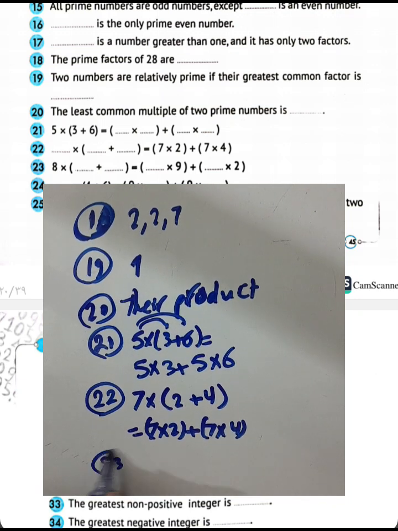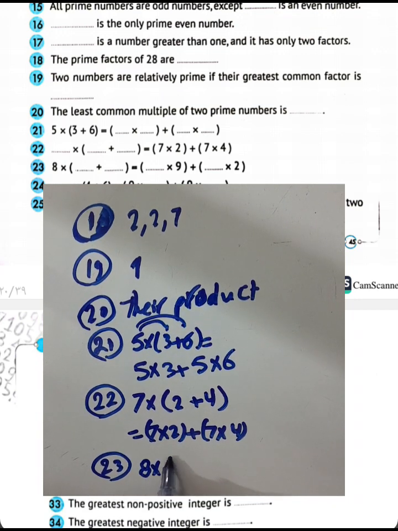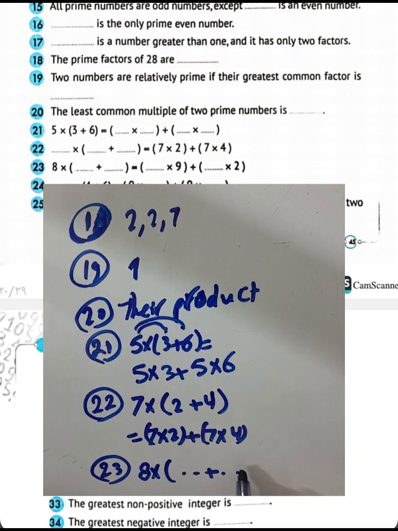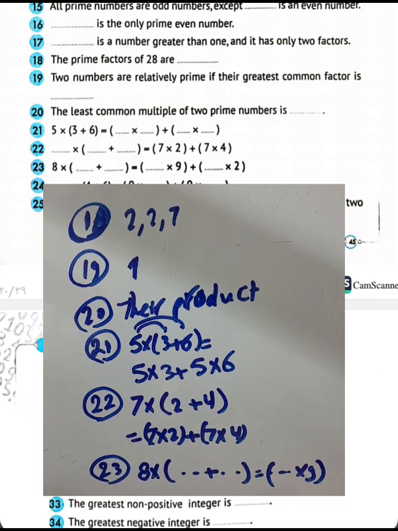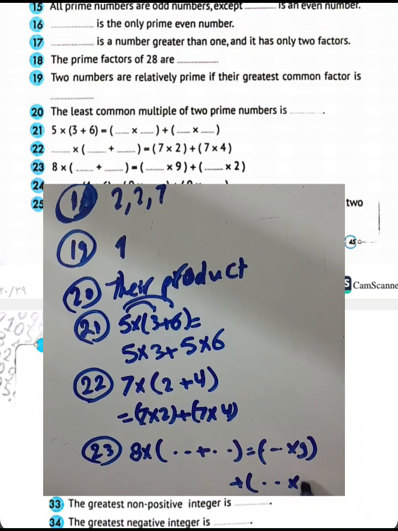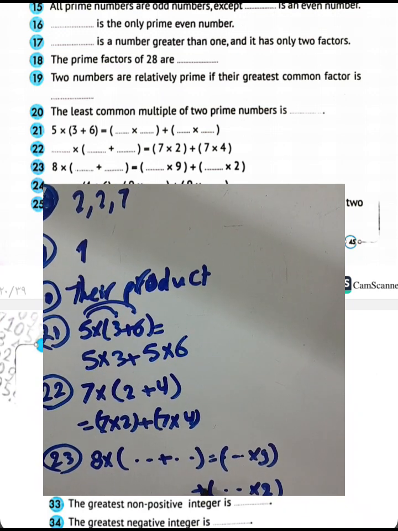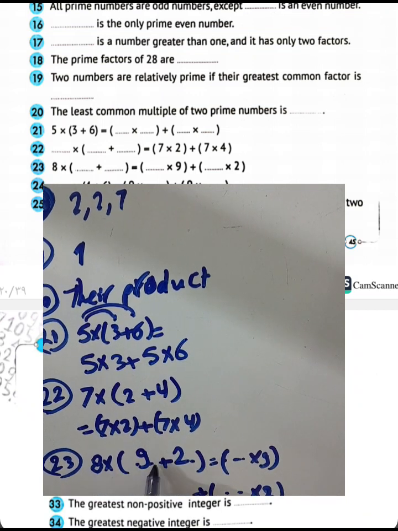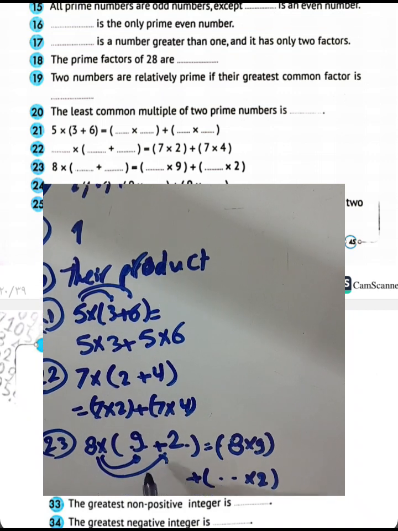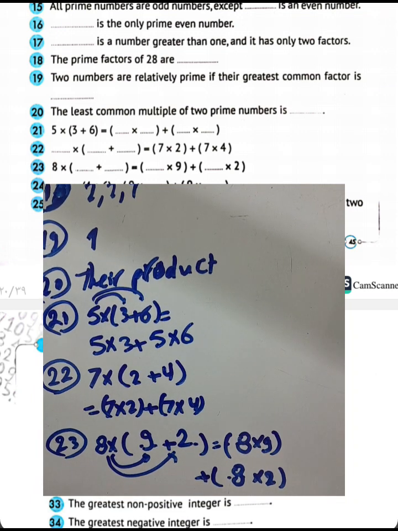Question 23. 8 times blank plus blank, equals 9 times blank plus blank times 2. First, we must write 9 and 2 in the blanks: 8 times 9 and 8 times 2. That is the result for question 23.